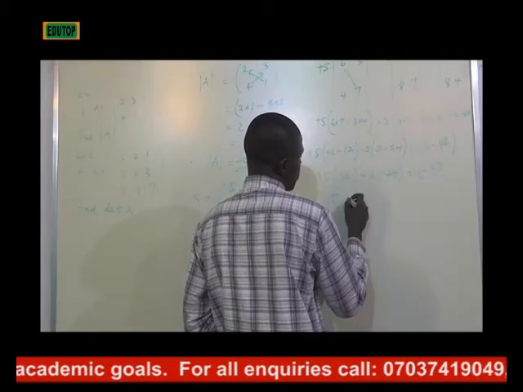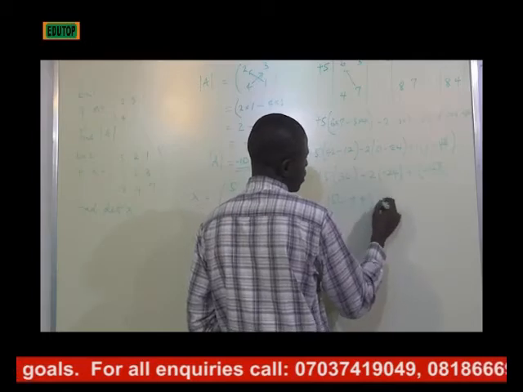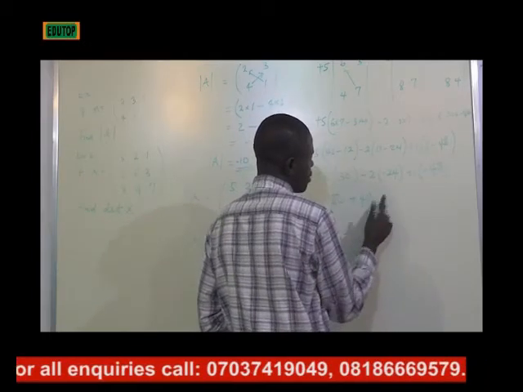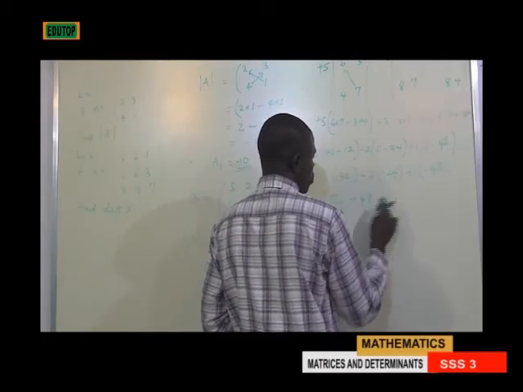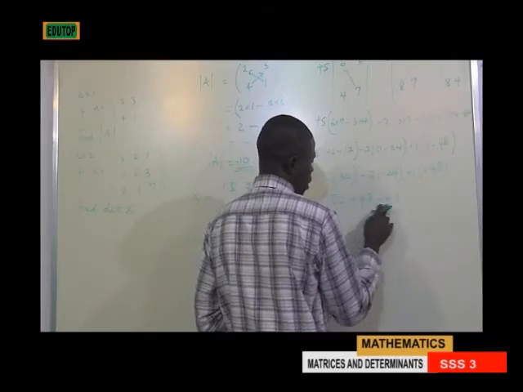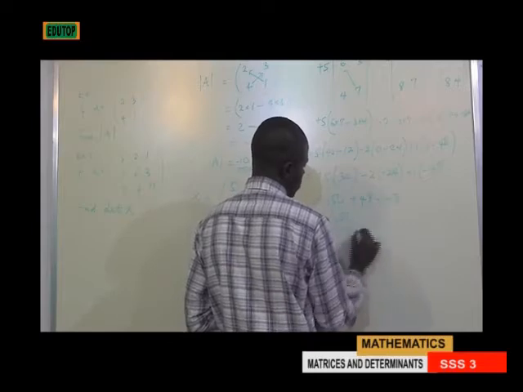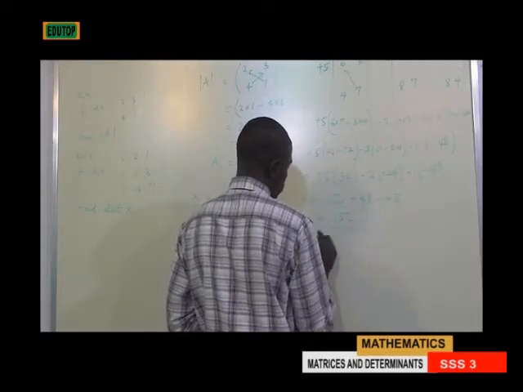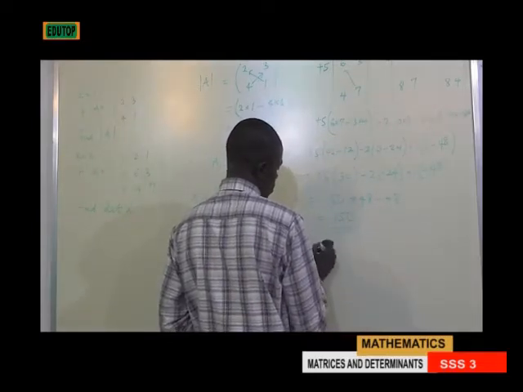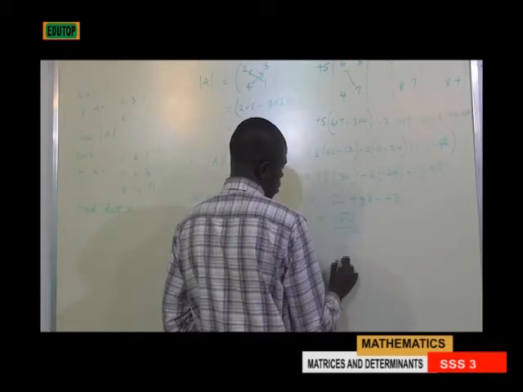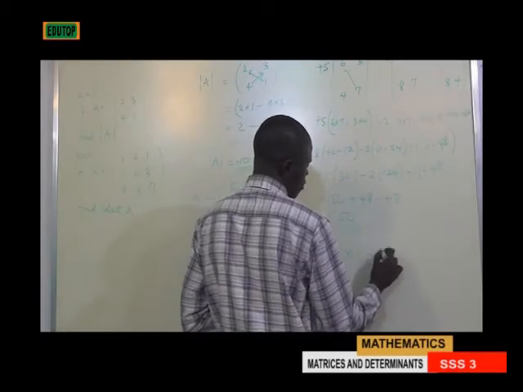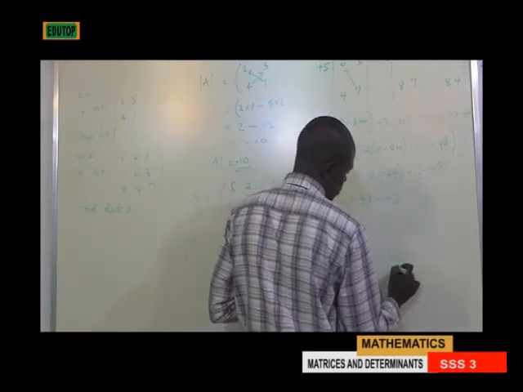Minus 2 times this, that will be +48. +1 times this, minus 48. So +48 minus 48 becomes 0. So we have 150. Therefore, the determinant of our x will definitely be equal to 150.